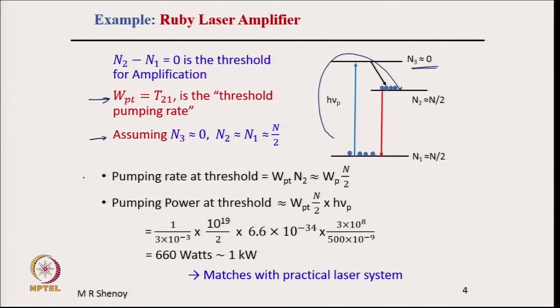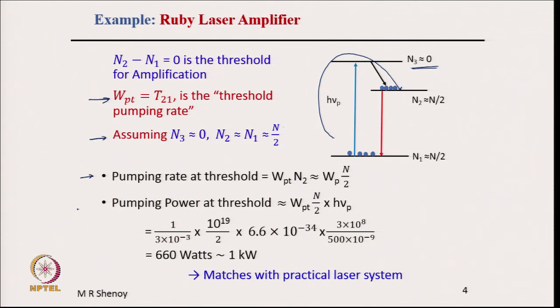Therefore, the pumping rate at threshold is given by WPT into N2. WPT into N2 gives us the number of atoms to be raised per unit time to achieve this kind of population inversion, or just threshold when N2 is equal to N1.